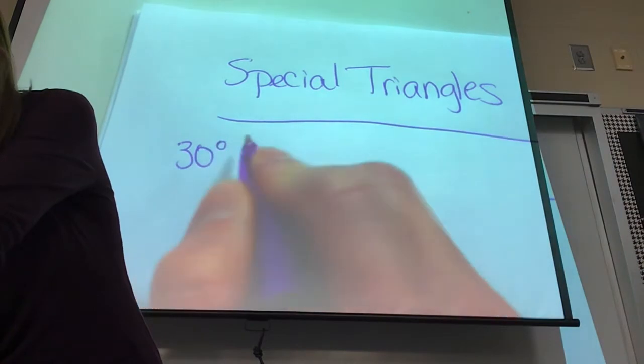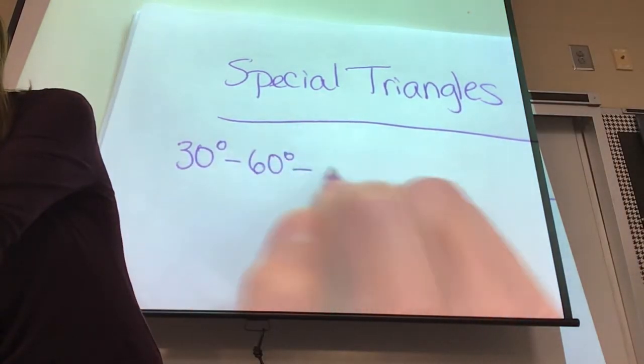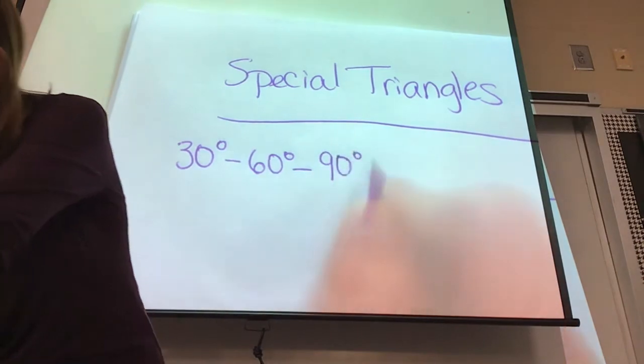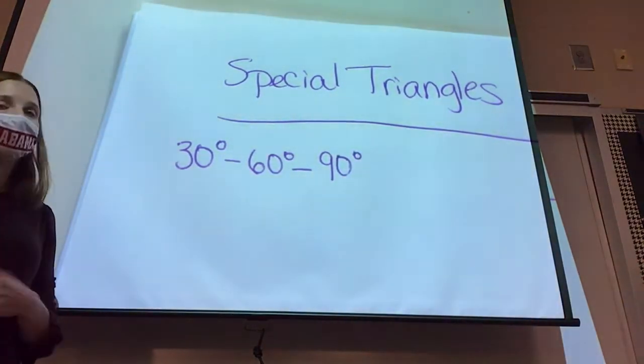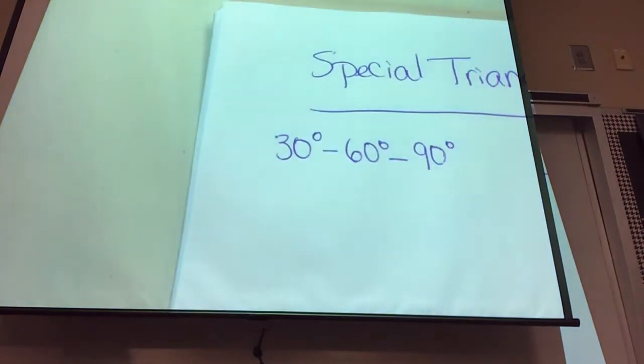So we're having a 30 degree, a 60 degree, and a 90 degree triangle. Now, like I said, what that means is that inside of your triangle, instead of it just being a right angle, we don't know anything else about it, it's telling you that inside of your triangle now, you have one angle that's 30 degrees, one angle that's 60 degrees, and now, of course, you have your right angle.